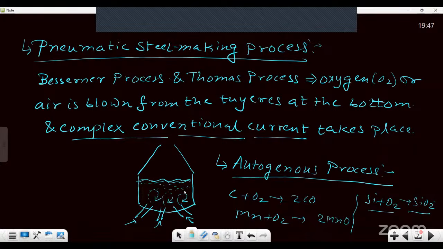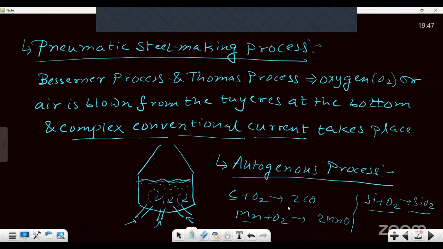Oxygen is getting dissolved in the melt and is taken up by impurities like manganese, silicon, phosphorus. They are converted into their metal oxides and then get into the slag phase.